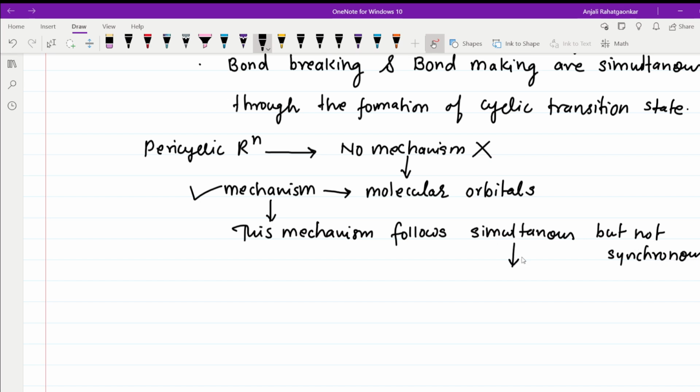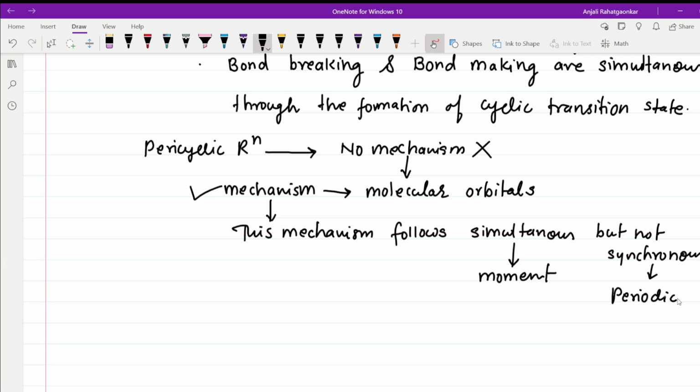So simultaneous means the reaction takes place at that time. So the moment is very important here, that particular moment where bond breaking and bond making take place. But synchronous means that there might be the same period of time, but there can be a periodic interval.